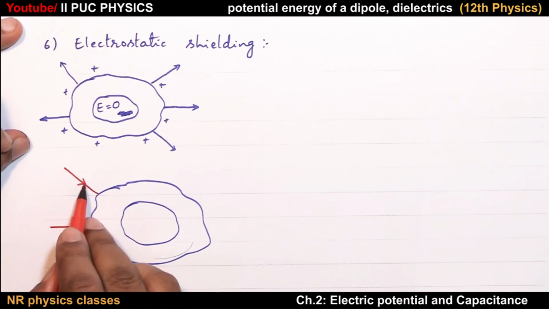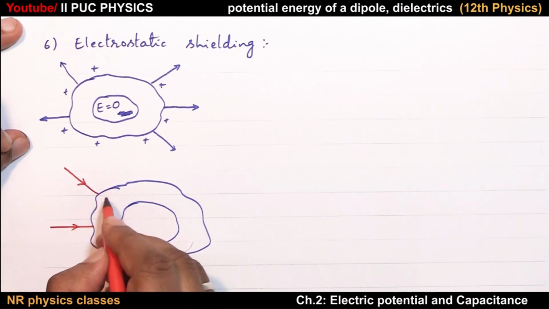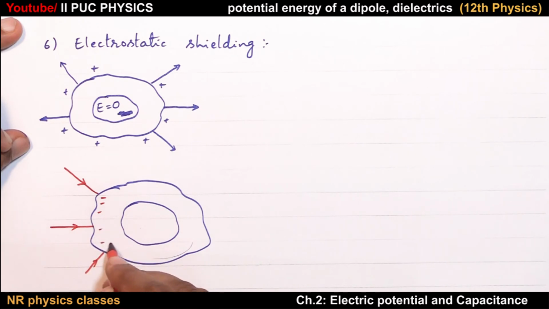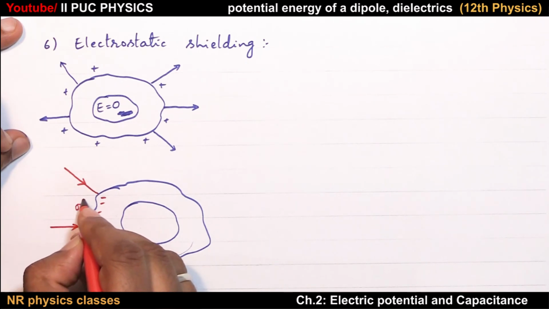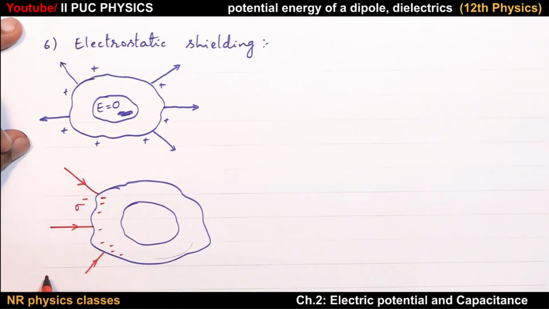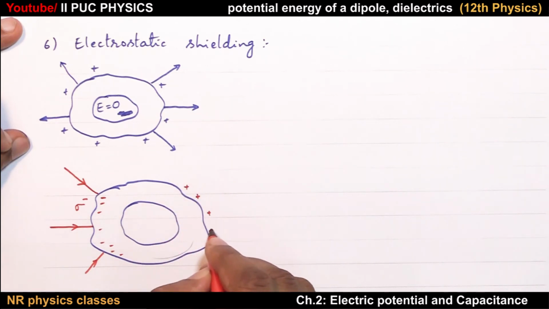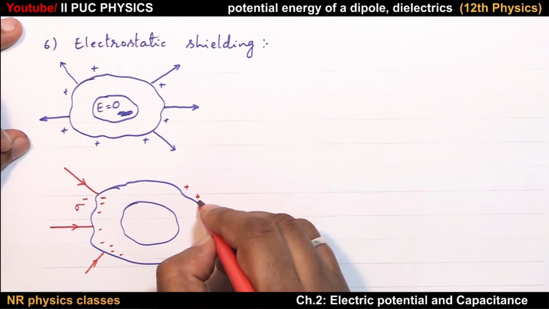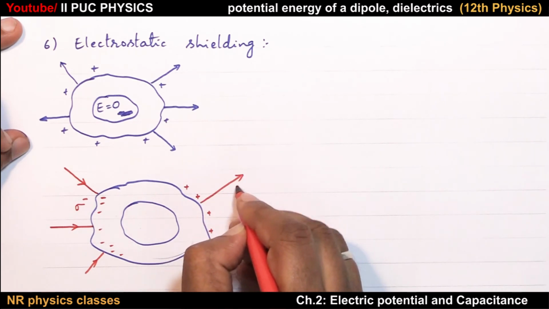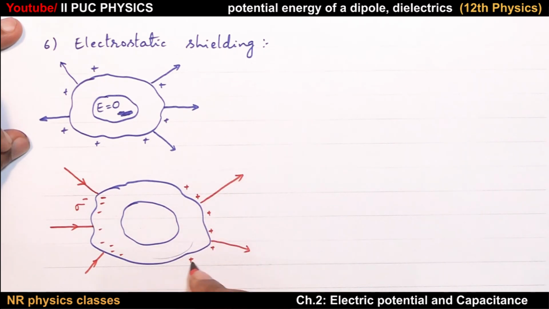Why? This electric field will make free electrons come to one side. Then there is this sigma minus. And on the other side, it should be positively charged, because of which the electric field is perpendicular.